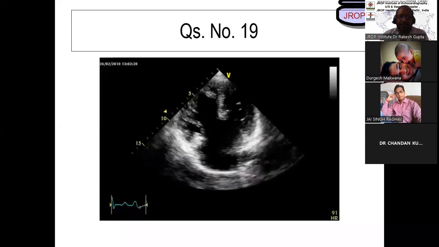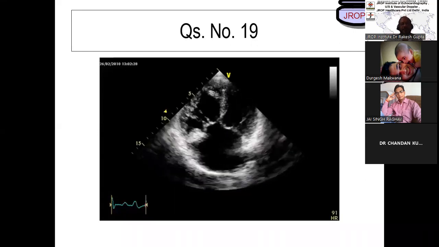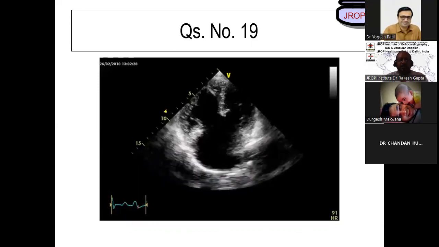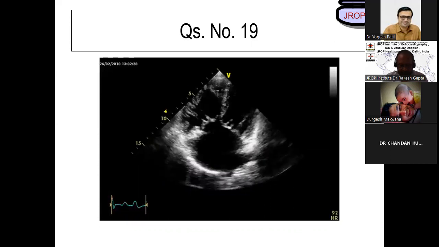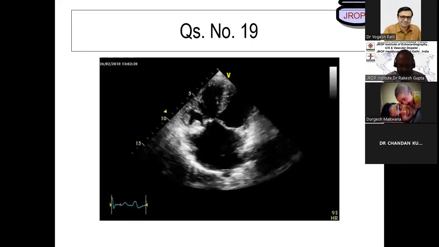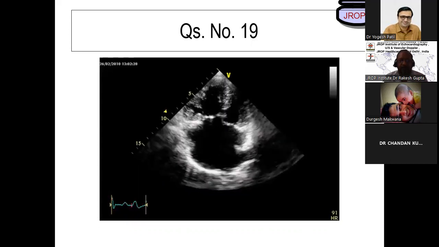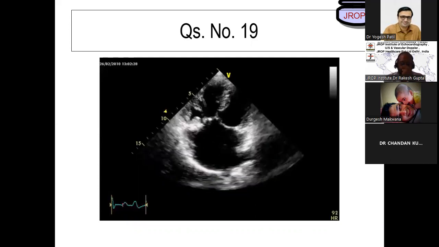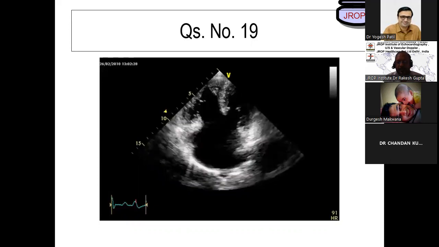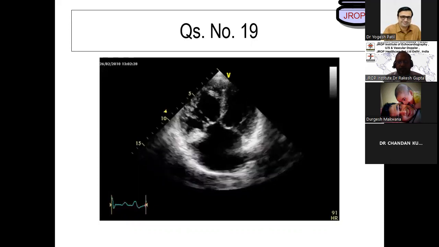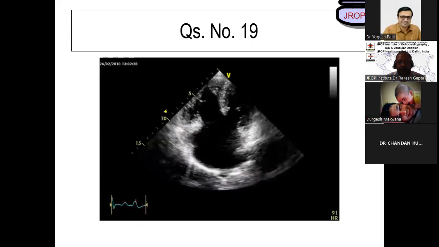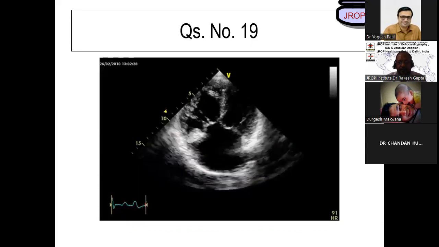Tell me the diagnosis. Sir, basically I am seeing a common atrium. Common atrium, okay. Good. There is no septum, and also there will be a ventricular defect. So it is an atrioventricular defect, endocardial cushion defect, basically, I think, sir.